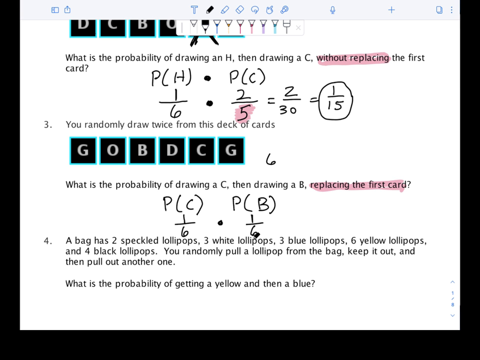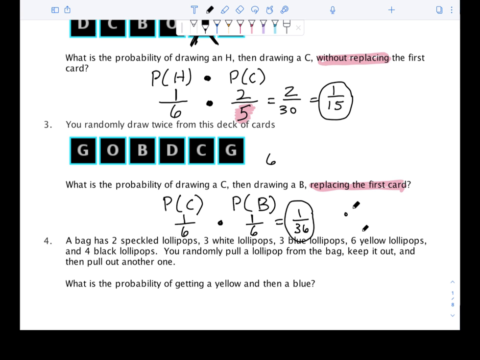So then I just multiply. 1 times 1 is 1. 6 times 6 is 36. The probability from that deck of cards of drawing a C and then a B is 1/36. And if I actually divided that, 1 divided by 36 is basically 0.027.